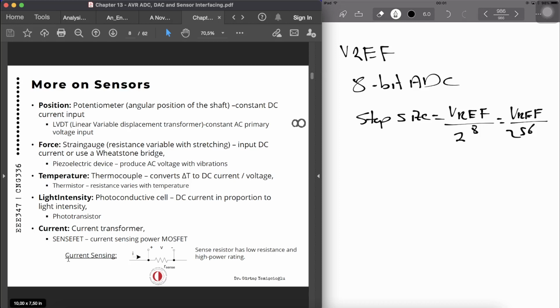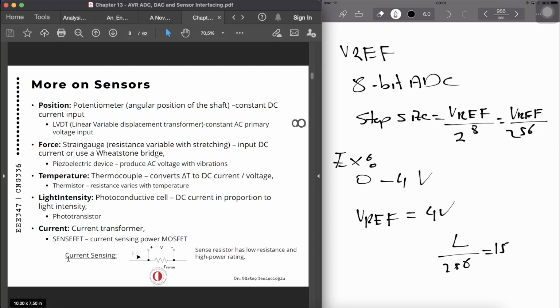Now, if the analog input range needs to be 0 to 4 volts, for example, then VREF is connected to 4 volts, okay? And we can say that 4 over 256 will give 15.62 millivolts.